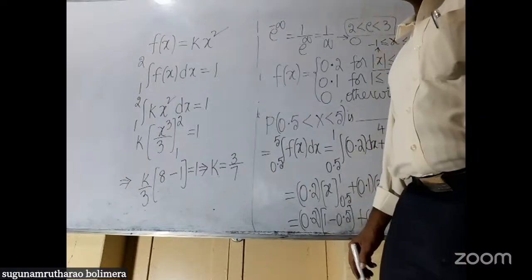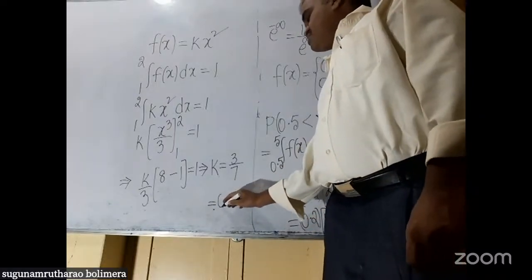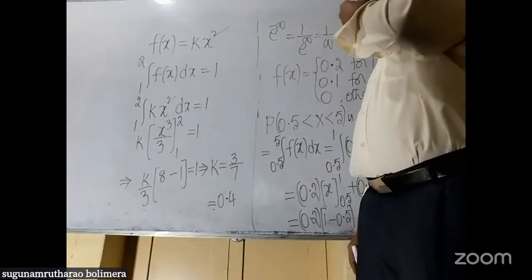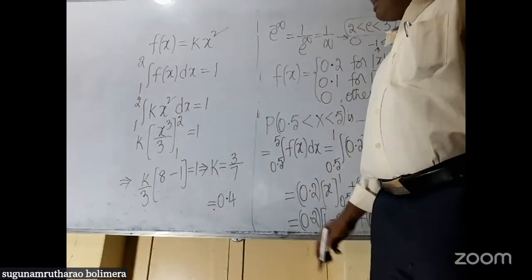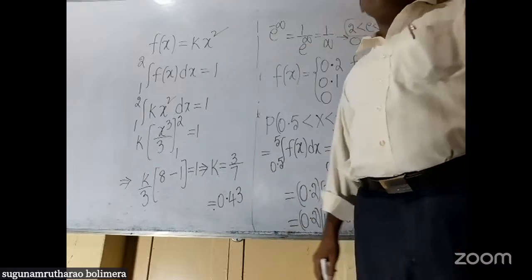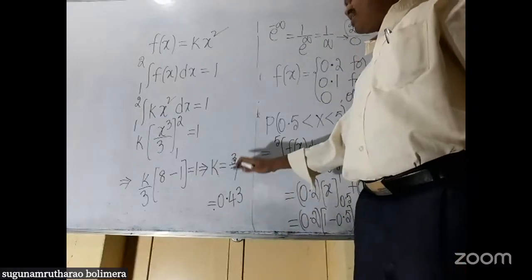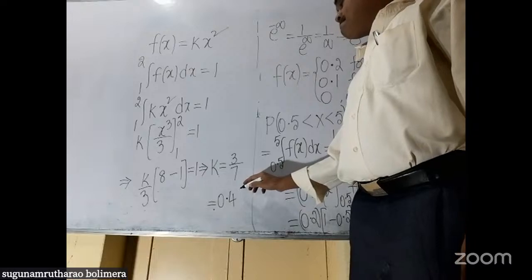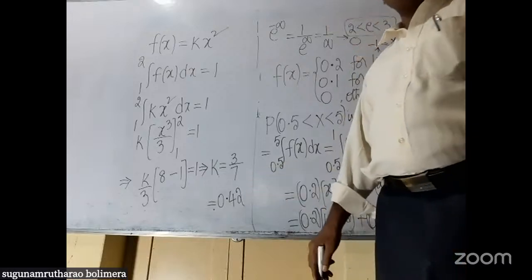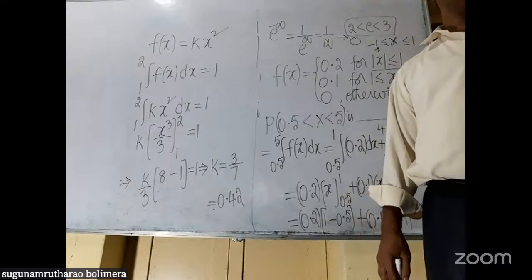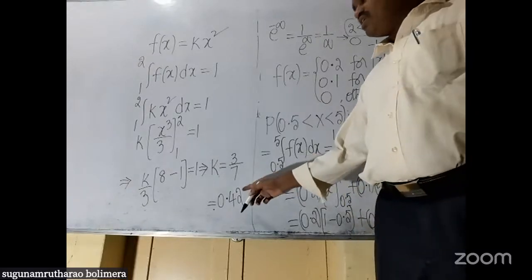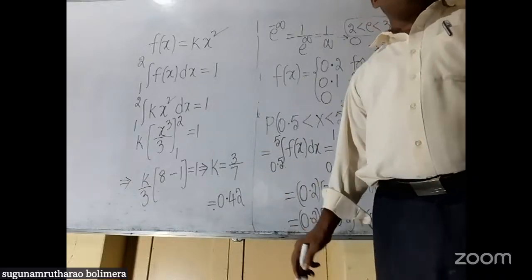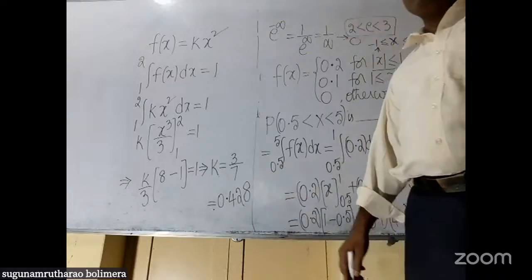3 by 7. What is the value of 3 by 7? 7 threes are 21, 28 means 2 left, 20, so 20 means 7 twos, 14, 60, 7 twos. 0.428, I think.